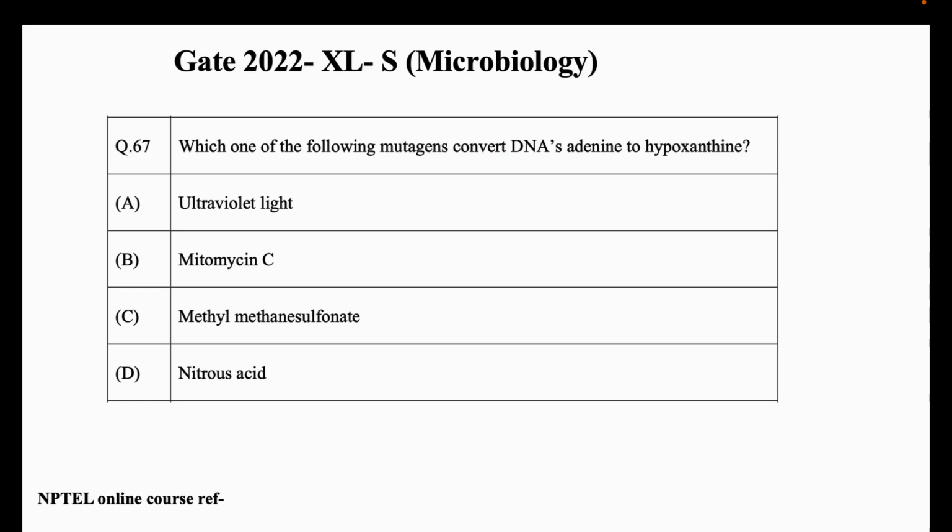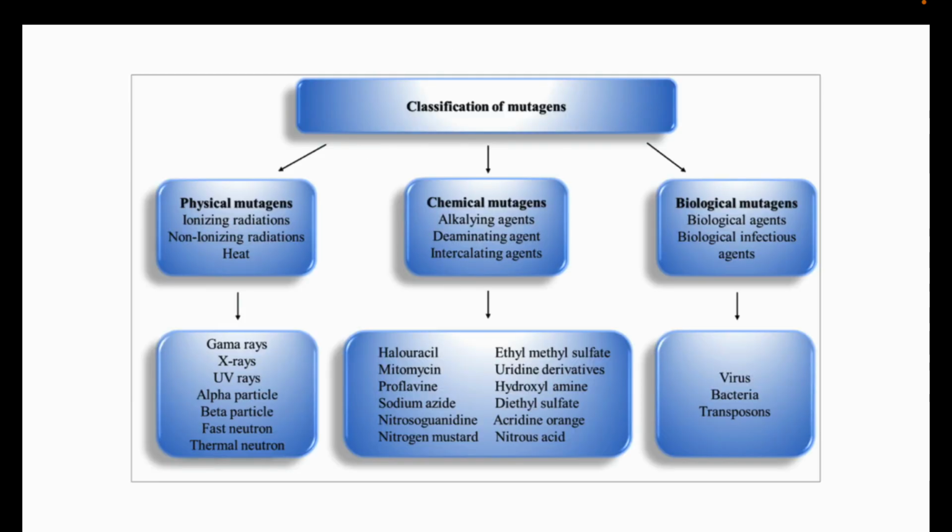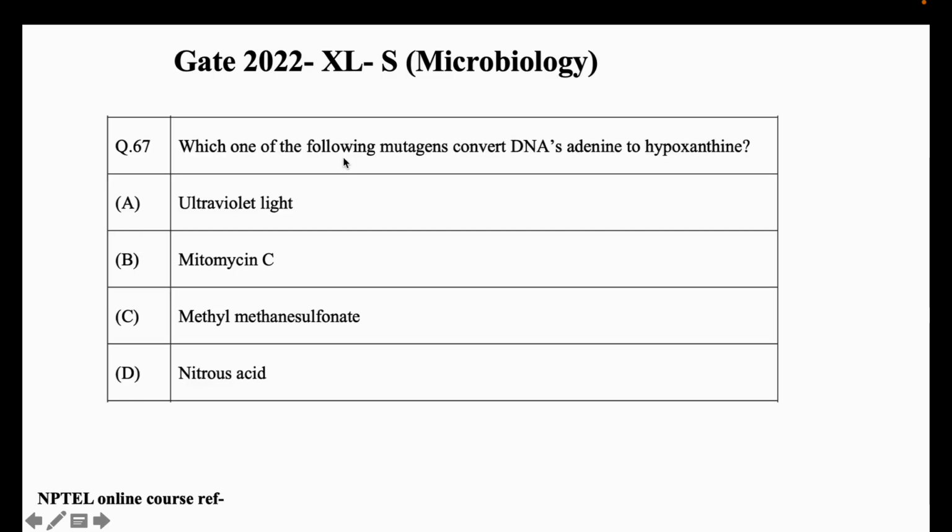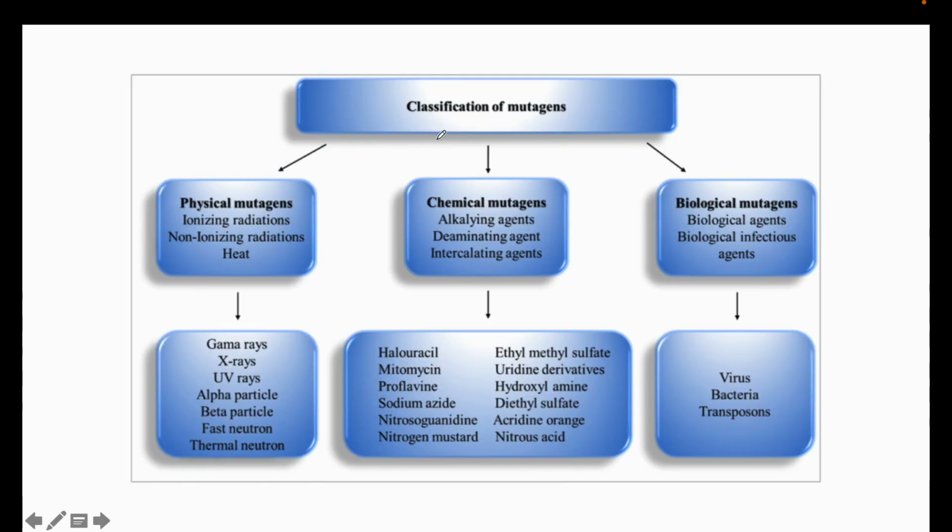Okay, so there are various mutagens which are able to mutate the DNA inside the cell. We'll briefly go over each type of mutagen. Mutagens are broadly classified into three types: physical mutagens, chemical mutagens, and biological mutagens.